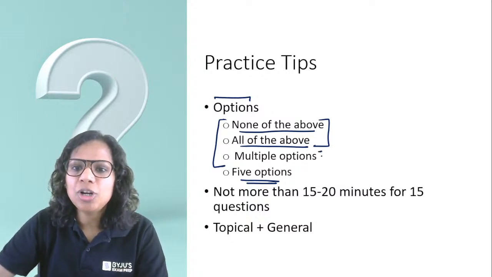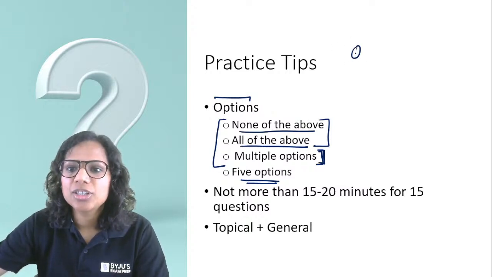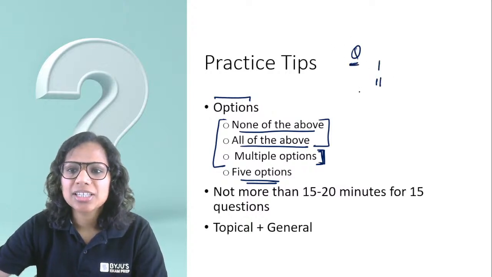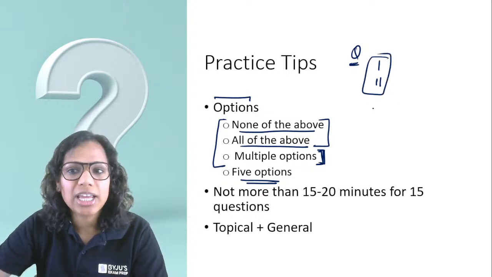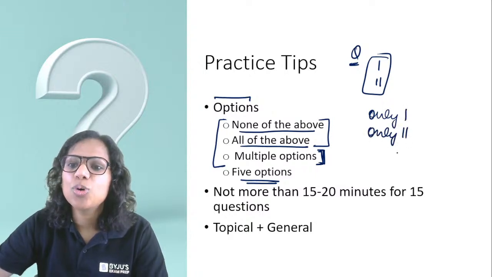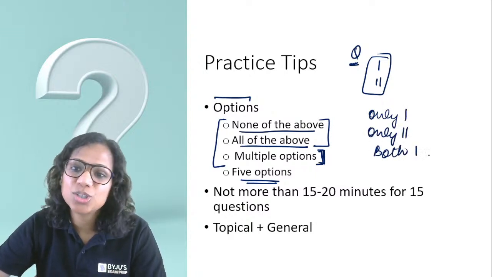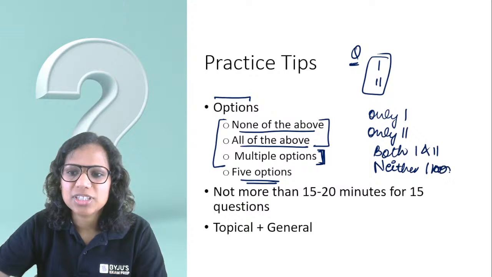Now, multiple options can also be present at times, meaning, let's say the question gives you 2 statements and then asks which of the above statements is true, right? So only one, only two, both one and two. You can get such questions also. Neither one nor two. So this is what I'm calling multiple options.